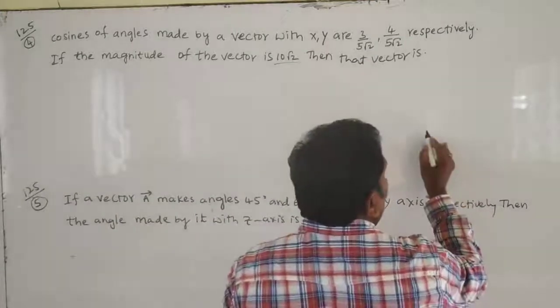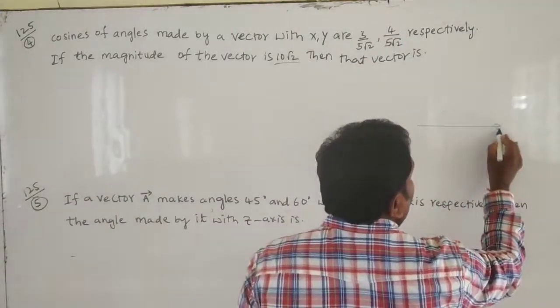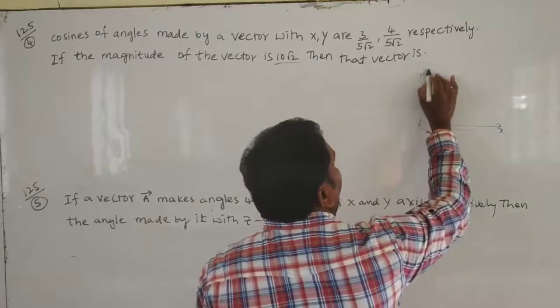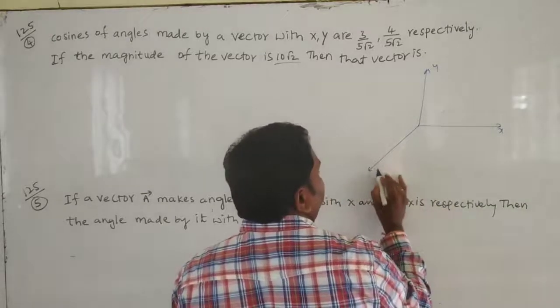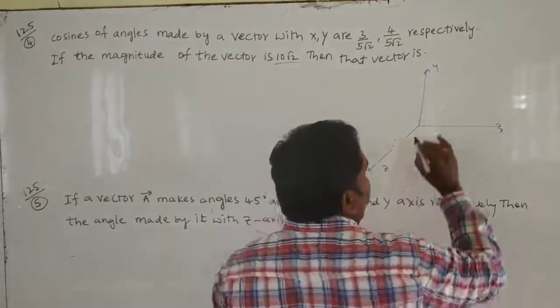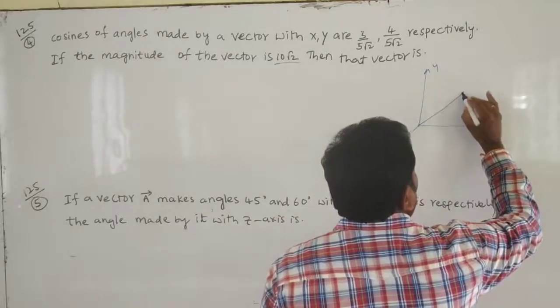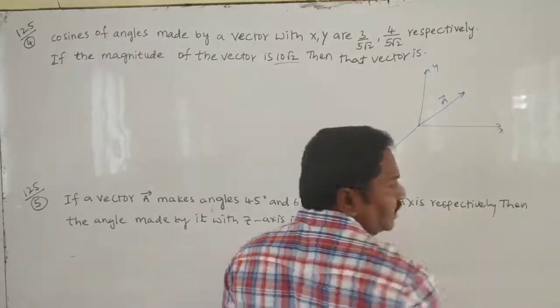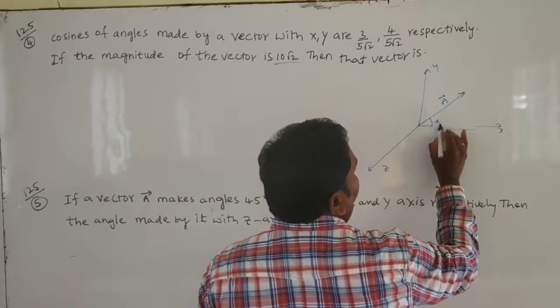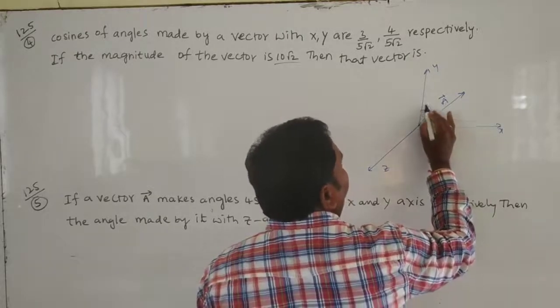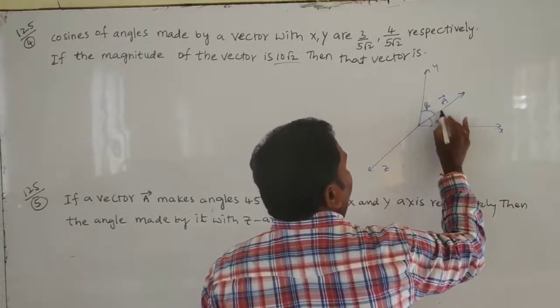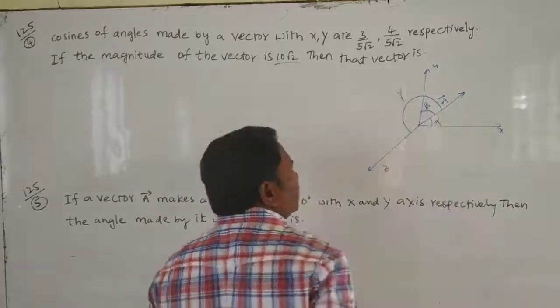Suppose this is the x-axis, y-axis, and z-axis. There is a position vector, a bar, which makes an angle alpha with the x-axis, beta with the y-axis, and gamma with the z-axis.